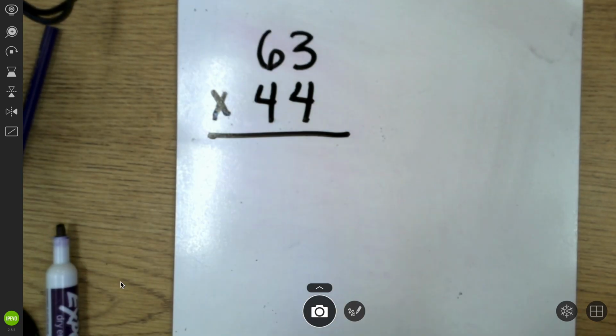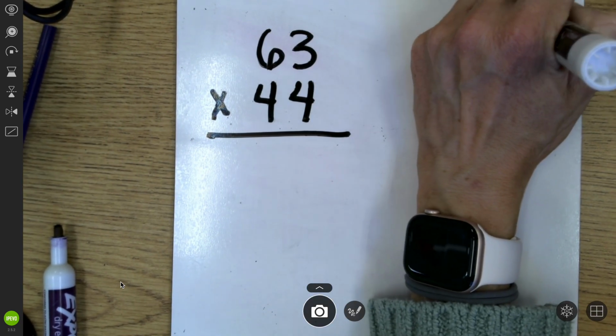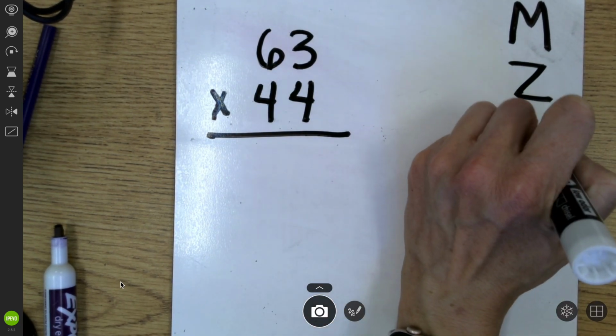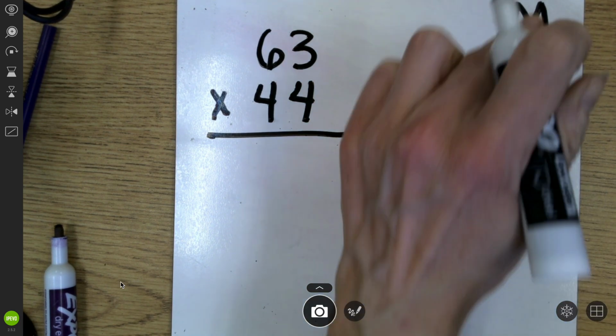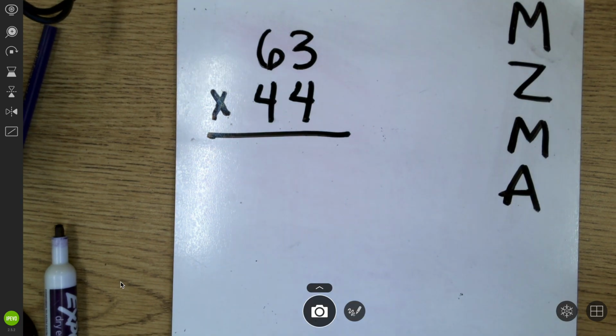And then we have our new acronym. It is many, M for many, zoos, Z for zoos, many animals. Many zoos, many animals. And each of these letters stand for a step in solving using the standard algorithm.